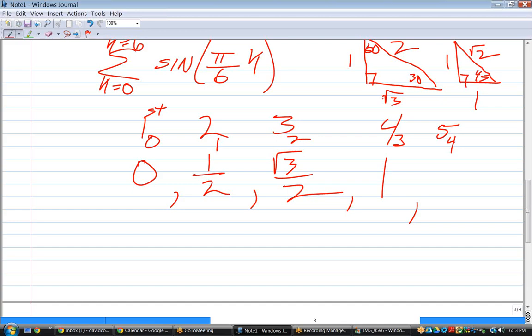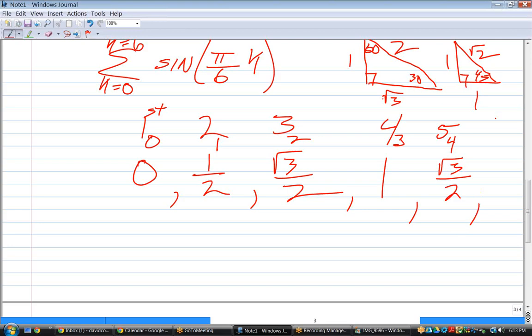Negative 1/2. Okay. Wait, no. Sine is positive in the first and second quadrants. Sine is positive all the way up to 180. So root 3 over 2. Square root of 3 over 2. In other words, it has the same value as the sine of 60 degrees.